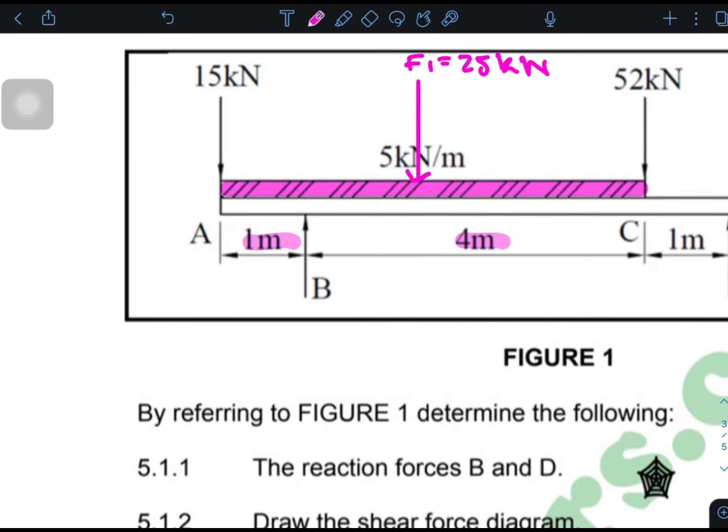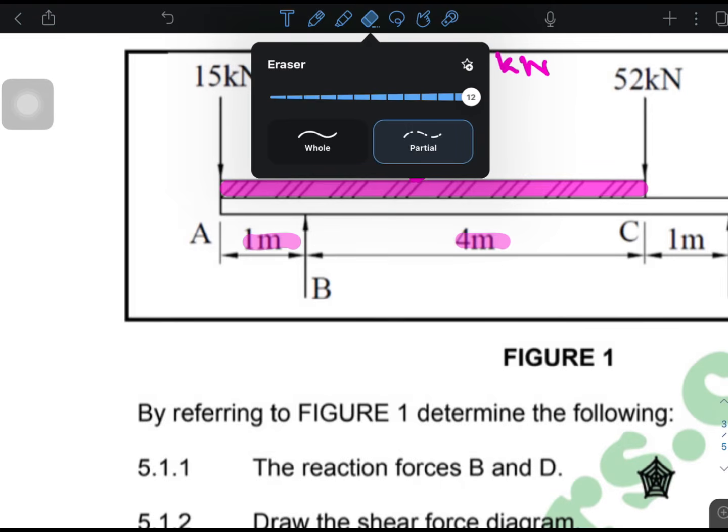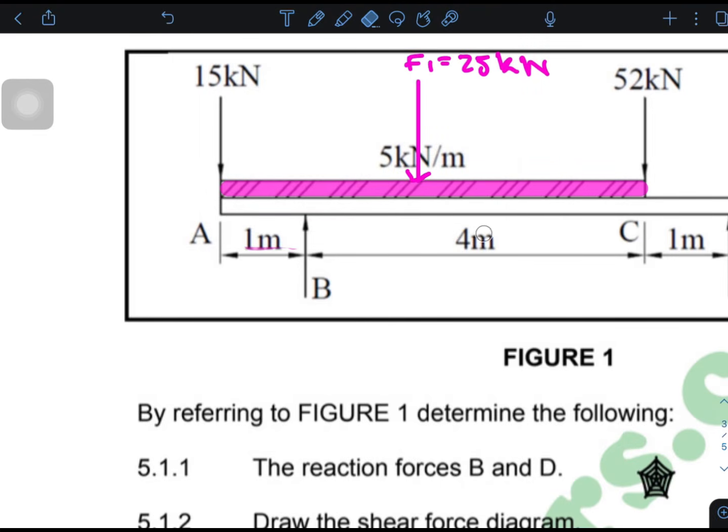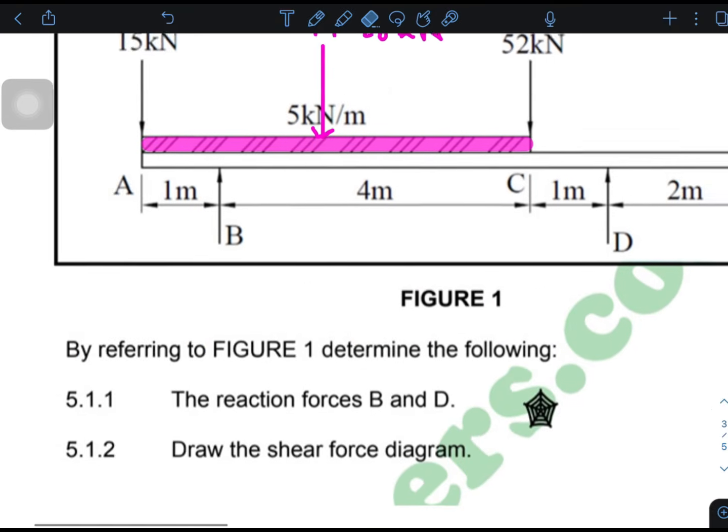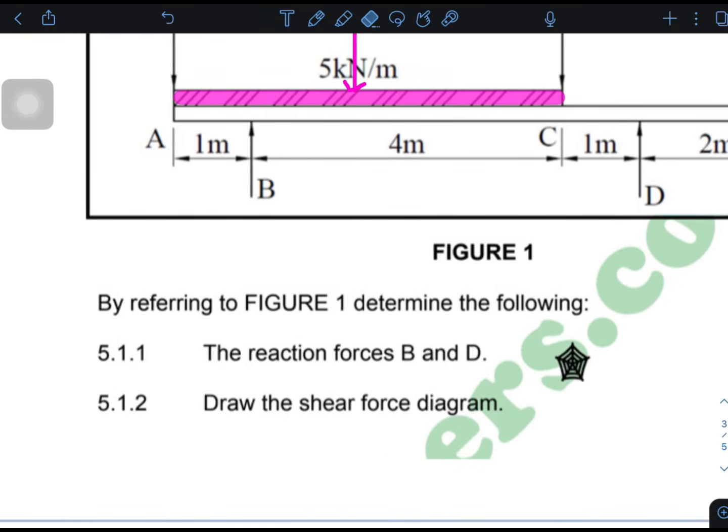Now that I've gotten that out of the way, I can go about solving my diagram. The question wants us to find the reaction forces D and B. Here they are.